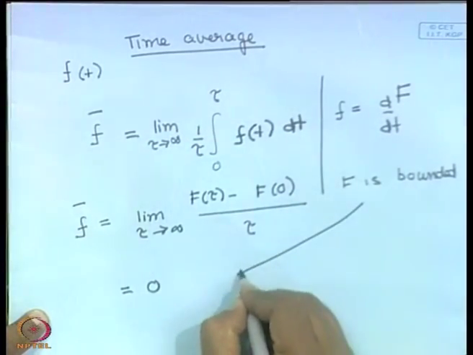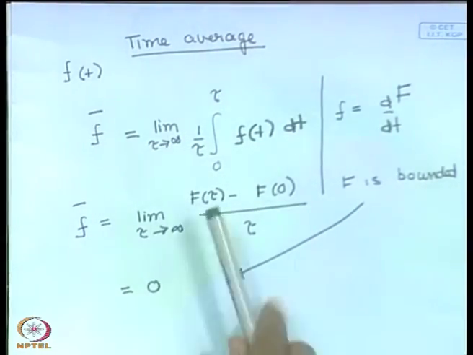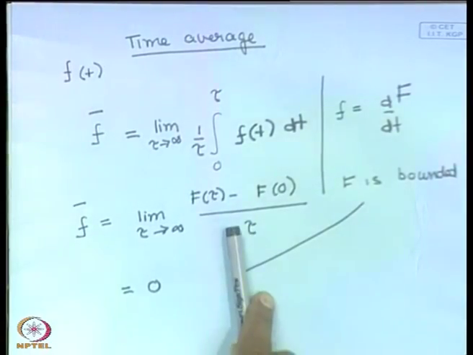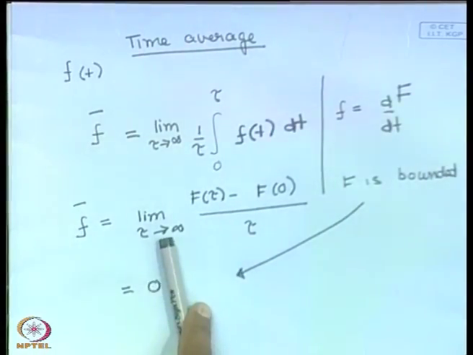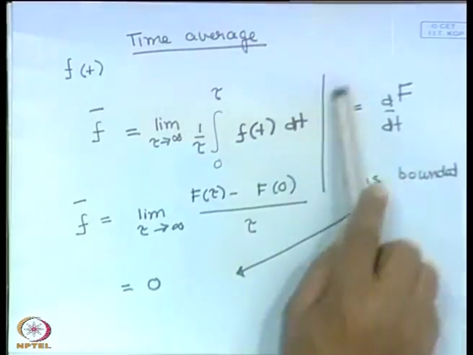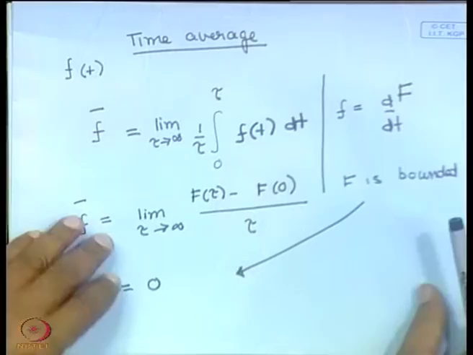If this quantity is bounded, then the limit is going to be 0, because this is a finite number, this is a finite number, the difference is a finite number. I divide by tau and take the limit where tau goes to infinity, it will give you 0. Okay, so, the time average of any quantity which is a derivative of something that is bounded is going to be 0.